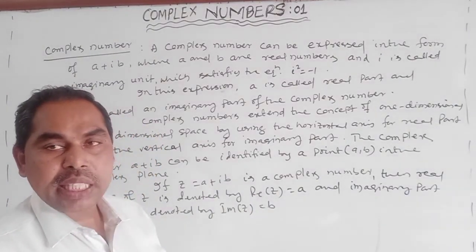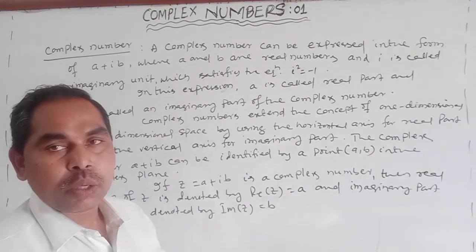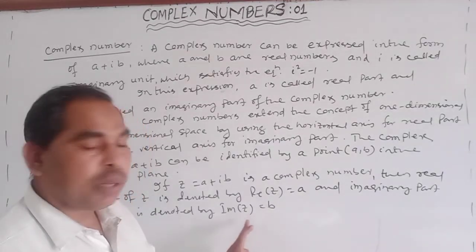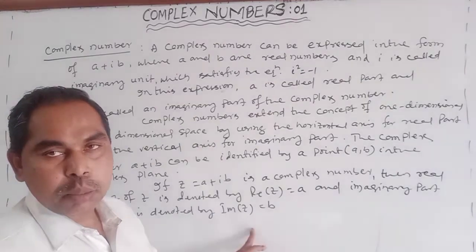The coefficient of i is known as the imaginary part.